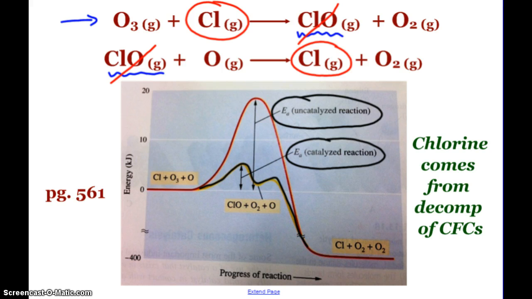Don't worry about the little two bumps right now, although that means that there's a two-step mechanism pathway. If it was just a single hump, then that would mean it was proceeding in one elementary step. But don't focus on that right now. Just notice that the activation energy is much lowered for the catalyzed reaction than the uncatalyzed.